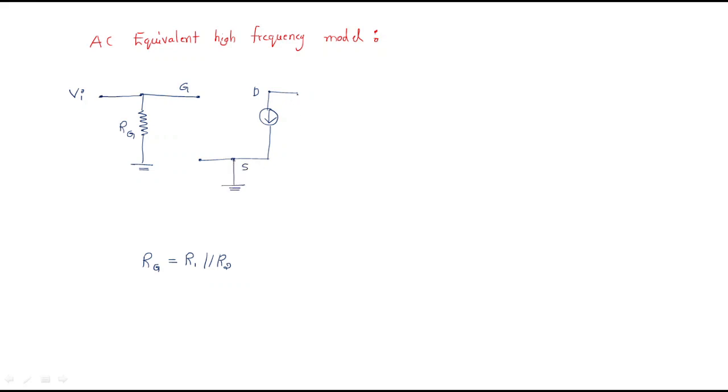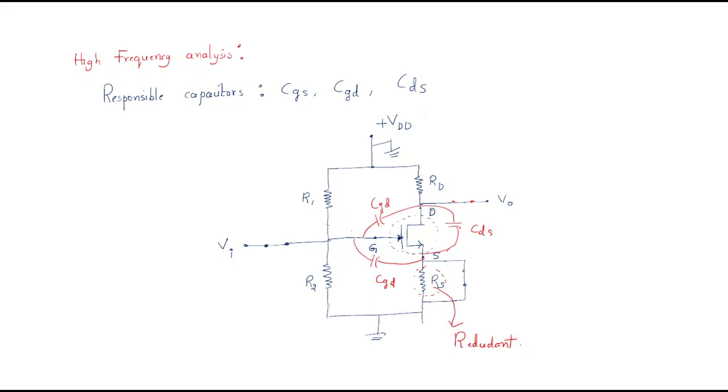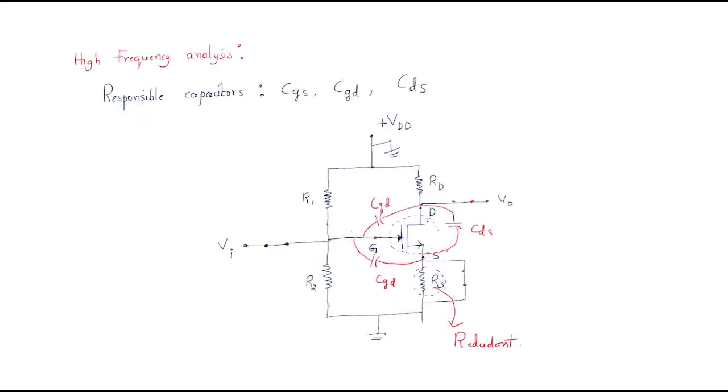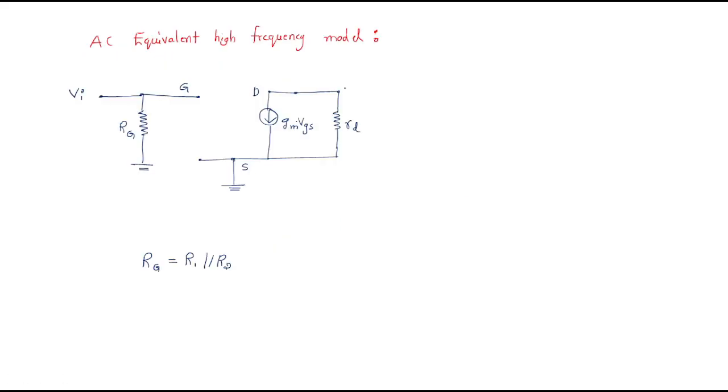This is gm vgs, the drain current, and we have the internal resistance. Drain has some internal resistance, take it as a small rd, and this rd is connected to ground here.